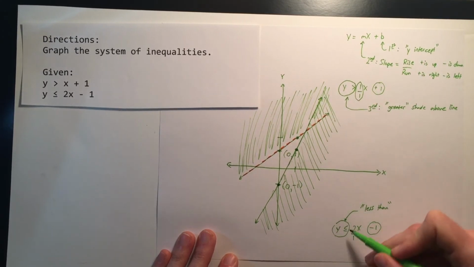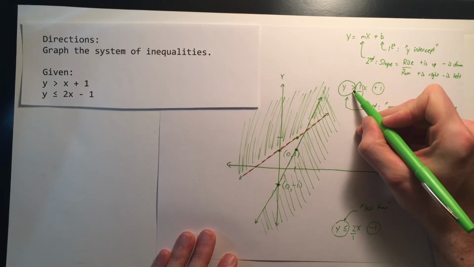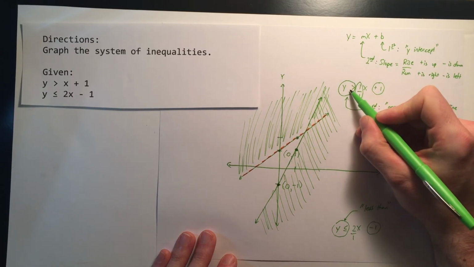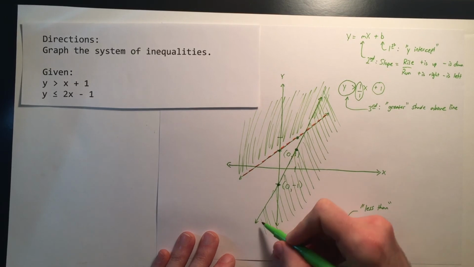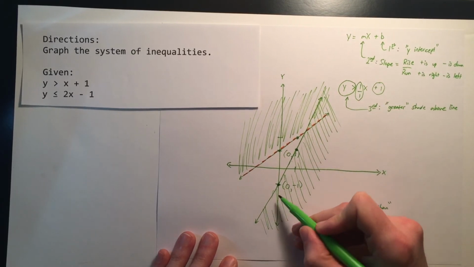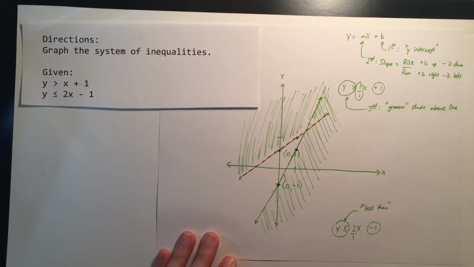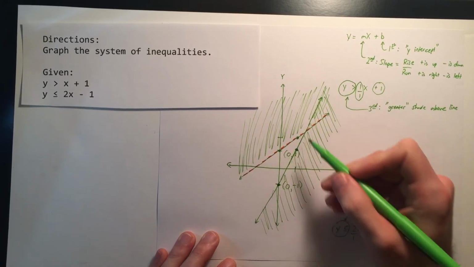Now the difference between these two is that this one was dashed, and it was dashed because it didn't have that extra or equal to. This one does have the or equal to, so that stays a solid line. That means any point on this line is part of the solution, unlike the dashed line.